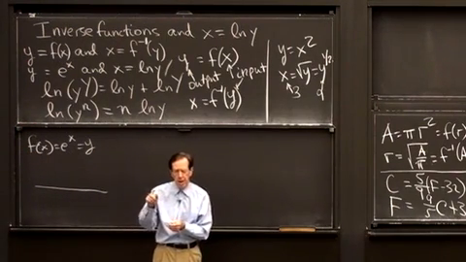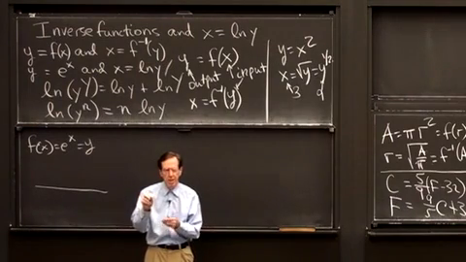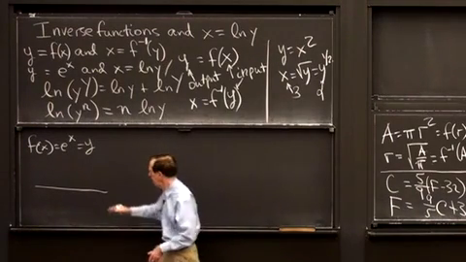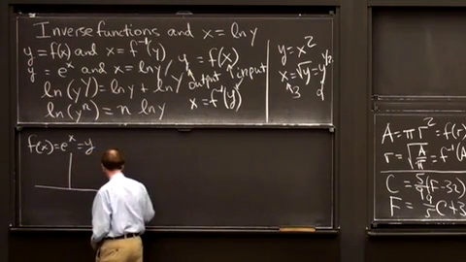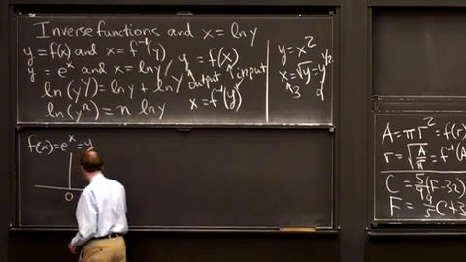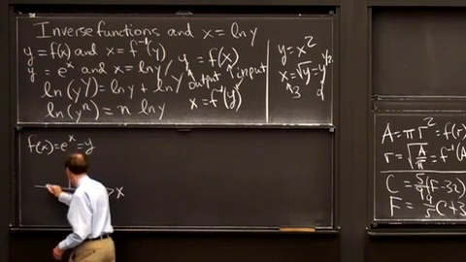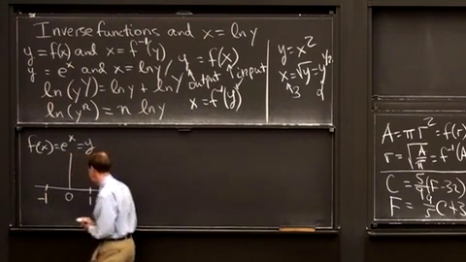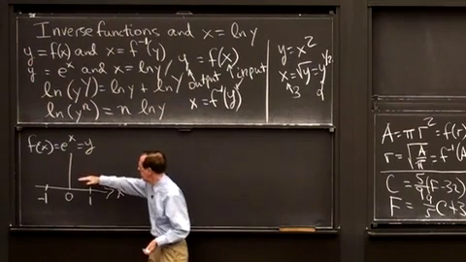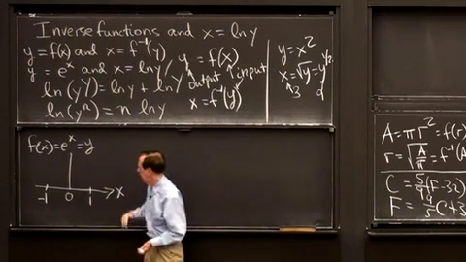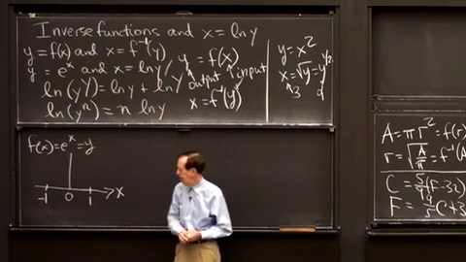But y, e to the x, always comes out positive. The graph is going to be above. Here's x. Let me draw the graph from 0 to 1 and say back to -1. Then the graph is going to be above the axis here.